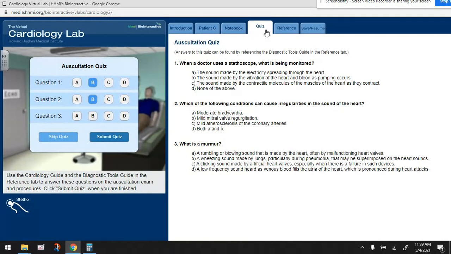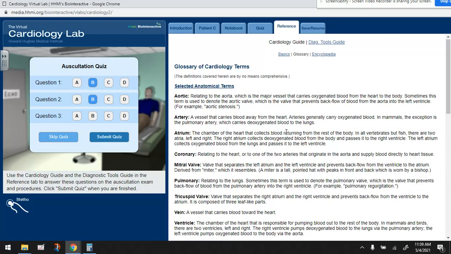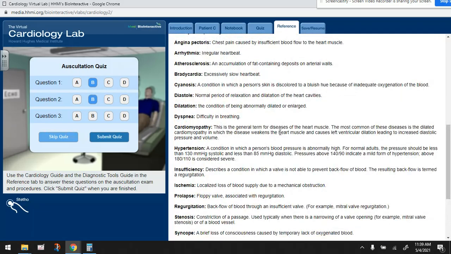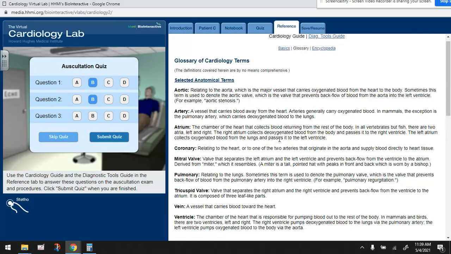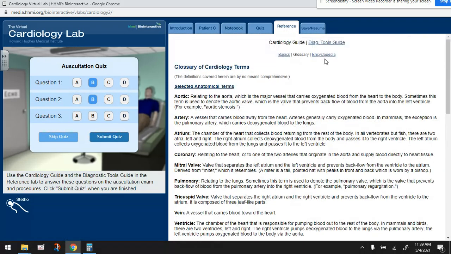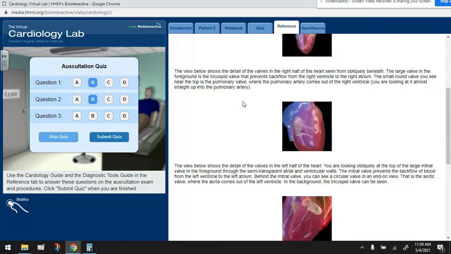And what is a murmur? So again, if you don't know what a murmur is, you can go to the glossary and let's take a look and see if murmur might be in there. Look for it in here. And if you don't see it in there, we can go to some of the basics and see if we see anything about it here.